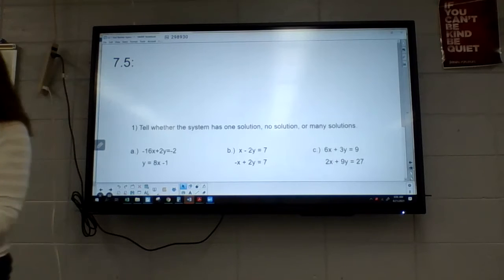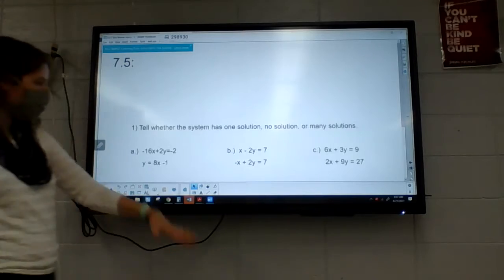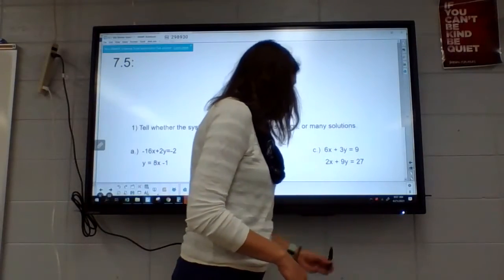Most of the test I will tell you guys what method to use. I believe there's maybe one question where I'm going to ask you to choose whatever method you want. I actually don't remember if I made you do that, but let me double check. Yeah, I guess I don't require you to choose, but it's not bad for you to think about it anyhow. So in 7.5, we're just going to review the different methods.